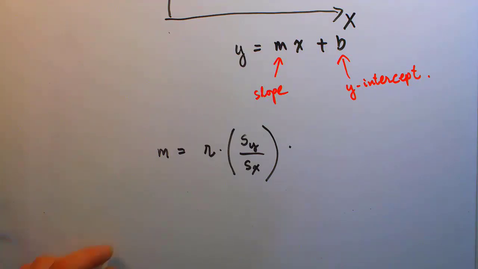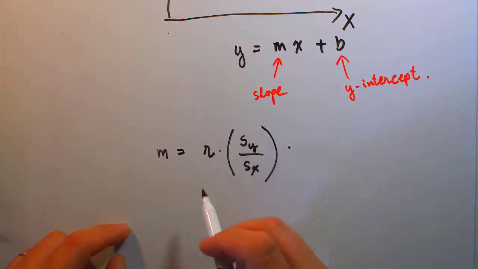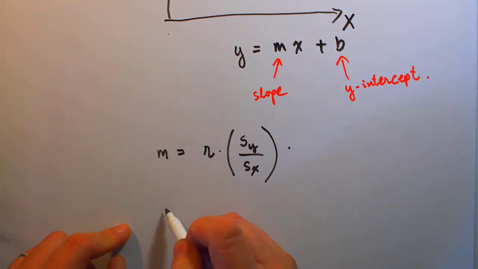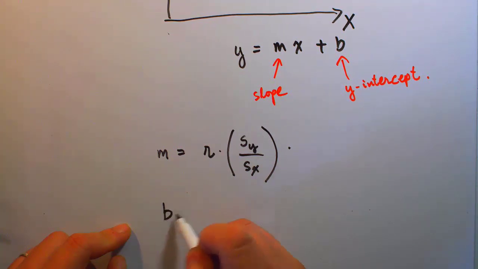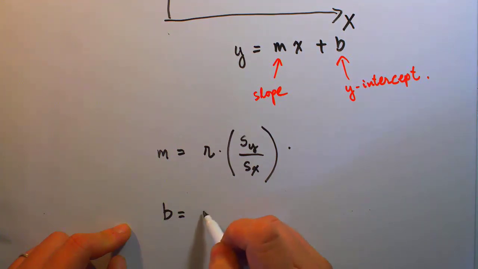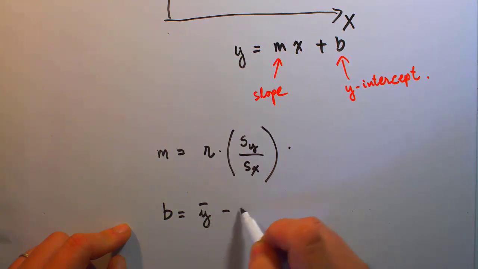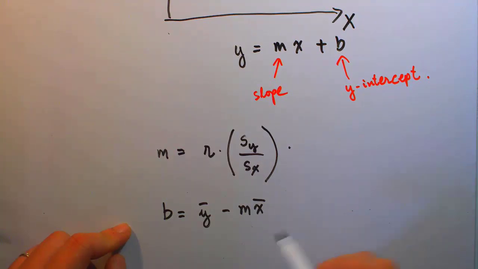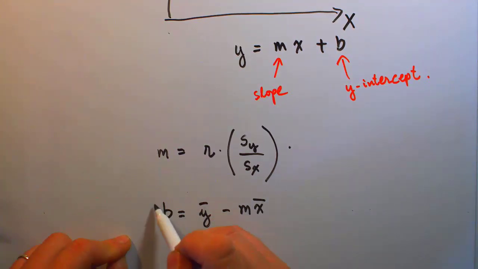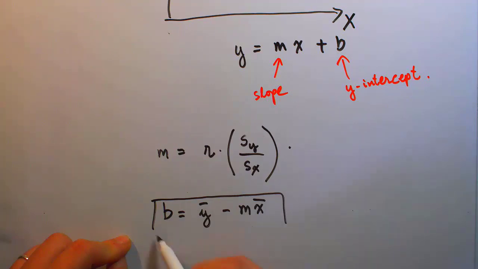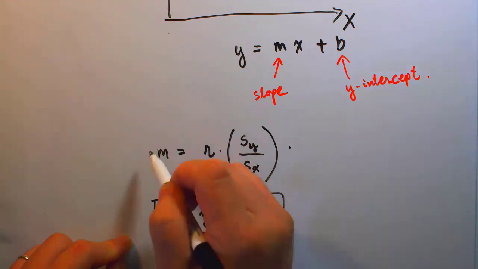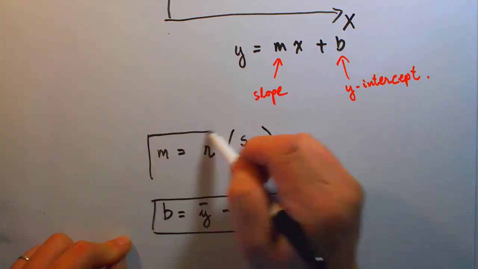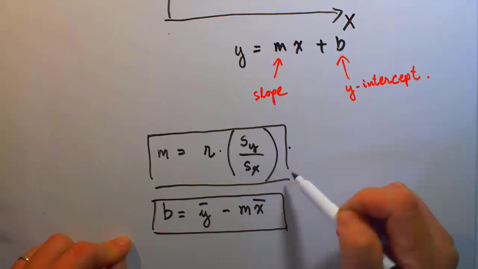Now the y-intercept is found by the b value. The formula is y bar minus m x bar. Congratulations, we've made it through the two important formulas for getting the equation of the regression line.